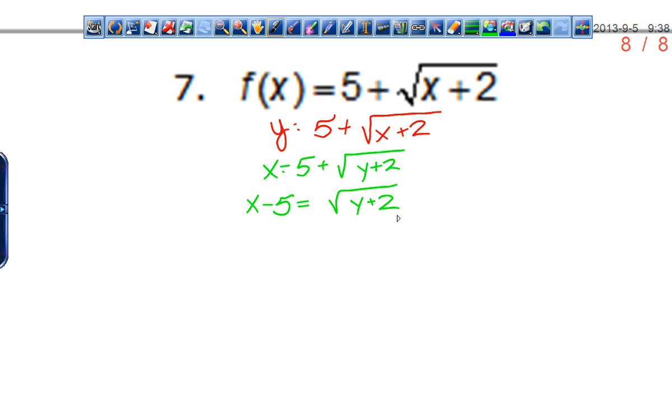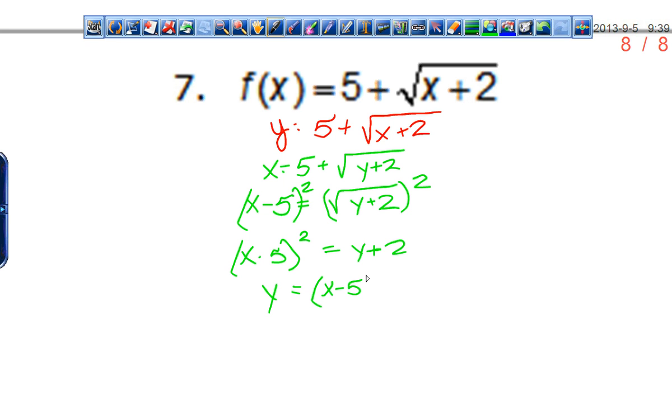Now we just square both sides. So I got x minus 5 squared equals y plus 2. Let's subtract 2. So I got y equals x minus 5 squared minus 2. And be sure you do the inverse notation.